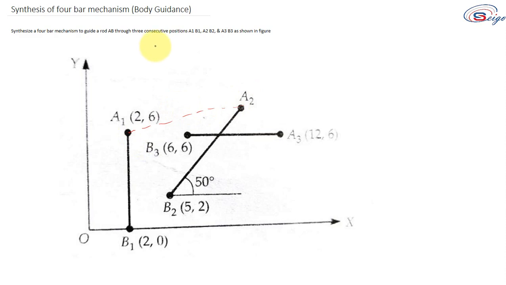This is the perpendicular bisector of A1, A2. Next step, join A2 and A3. Again draw the perpendicular bisector of the line A2, A3.